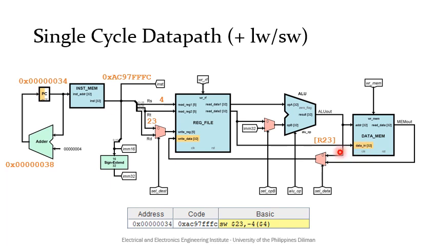The address is computed from the immediate, which is -4, which is sign extended and added to the contents of R4 by the ALU. This address is fed to the data mem, and the write memory signal is asserted to be able to write into the data memory.